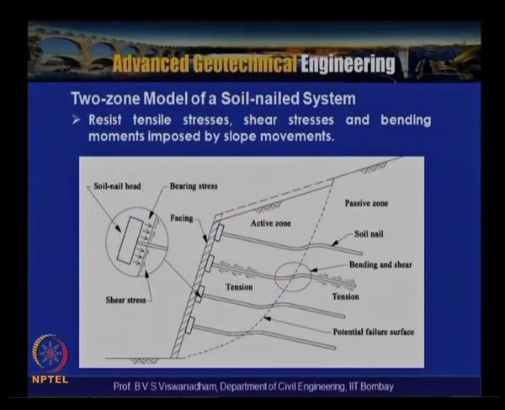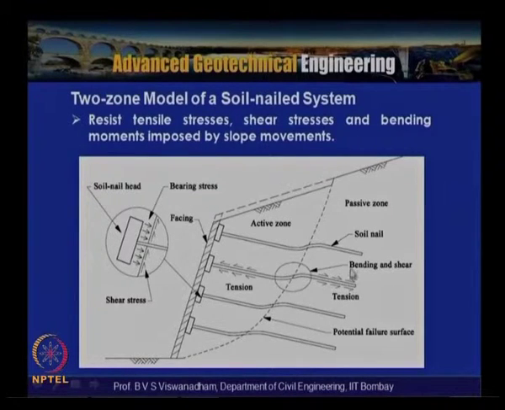So as we have discussed, there are two zones in the soil nail system: the active zone and the passive zone. With the movements happening in the slope in the active zone, the nail mobilizes resistance in the form of tension as well as shear and bending.